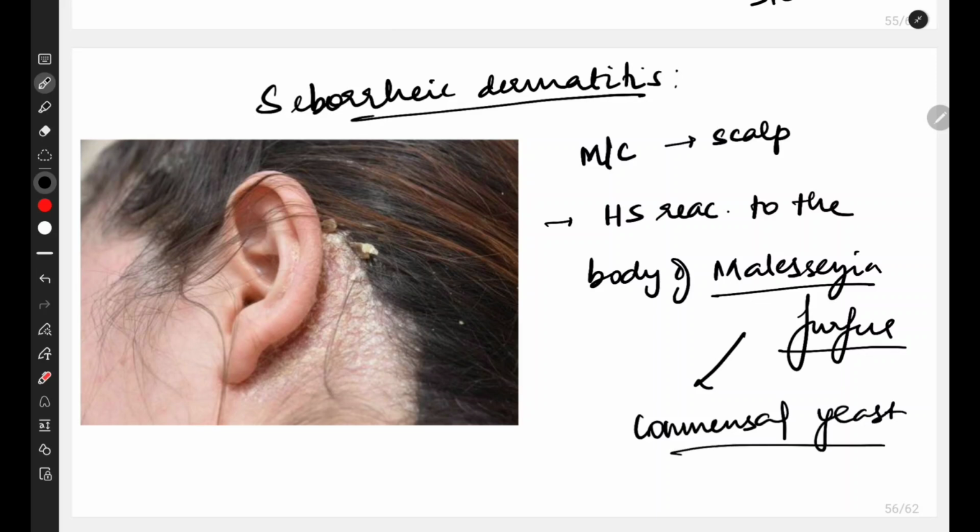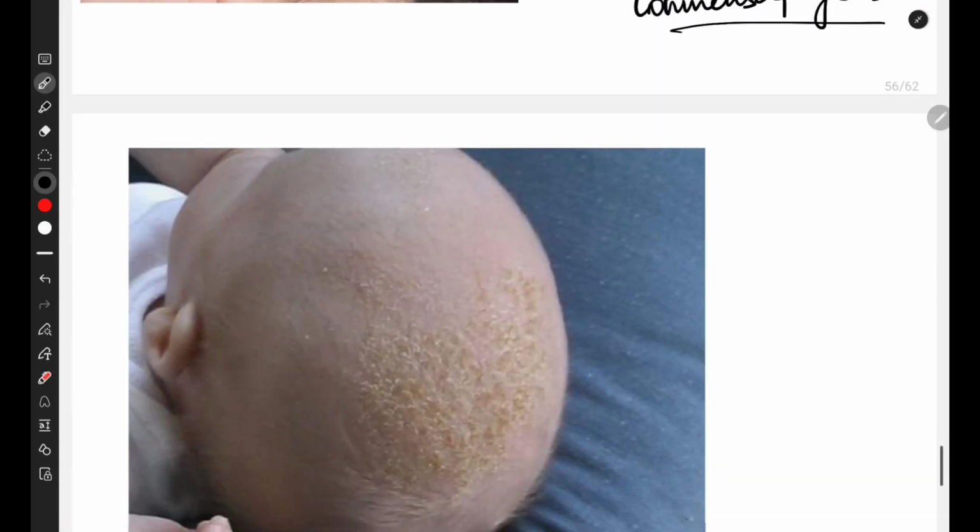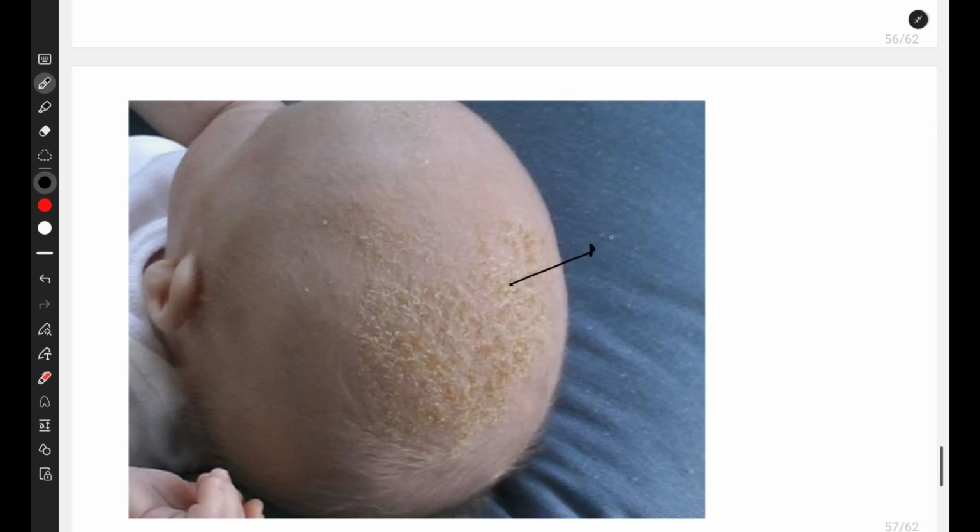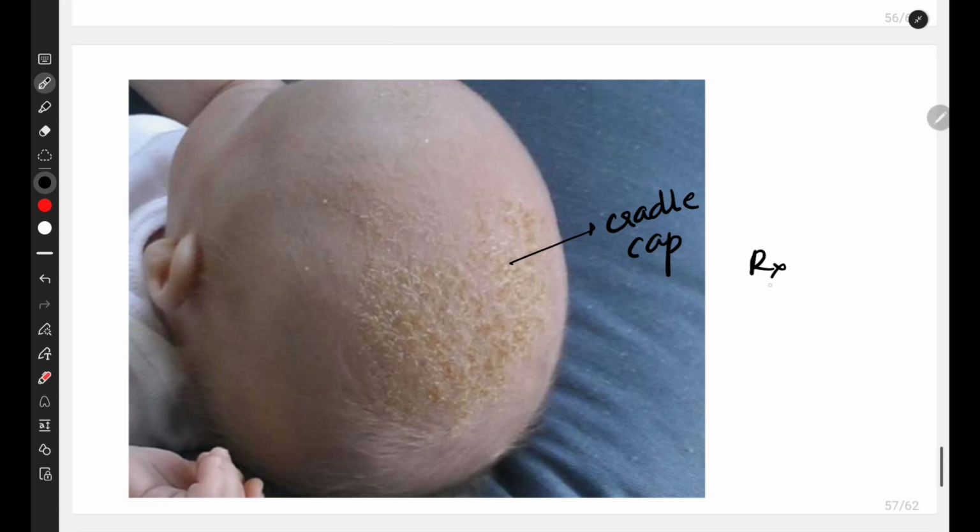It's present in everyone, but when there is a hypersensitivity reaction to it, there will be seborrheic dermatitis. If it occurs in an infant, it's called cradle cap. And the treatment will include antifungals, with or without steroids.